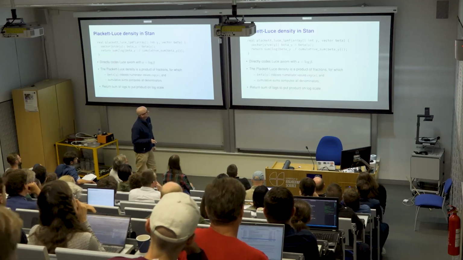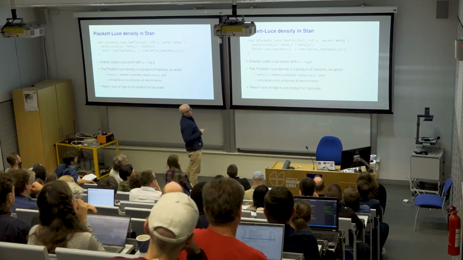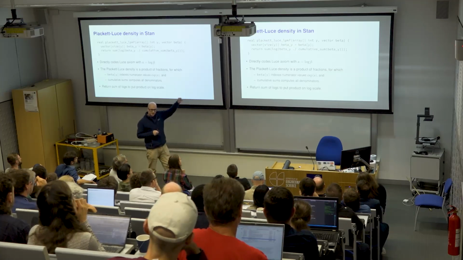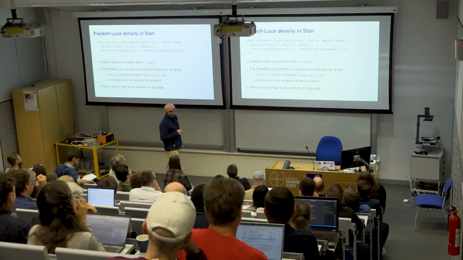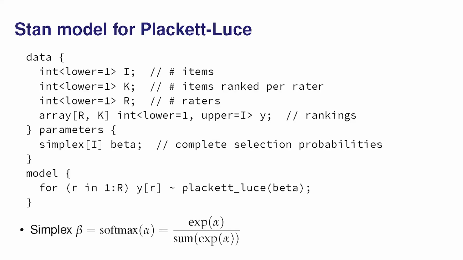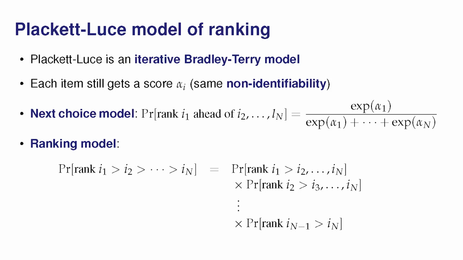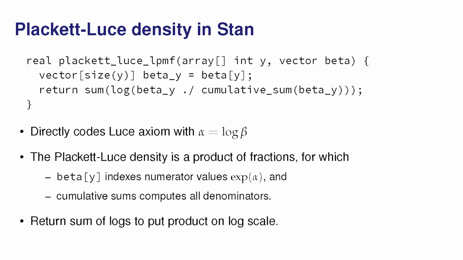Right, so if we think of alpha, that's going to be equal to log beta here, where alpha is the log odds probabilities. Right, and the Plackett-Luce density is just a product of all these fractions. So if you look at what's going on here, it's just multiplying each preference in order, right? If we look at the second line there, we're taking the cumulative sum of the betas, which is giving us the denominators. We're taking the betas that we actually have in the denominator.